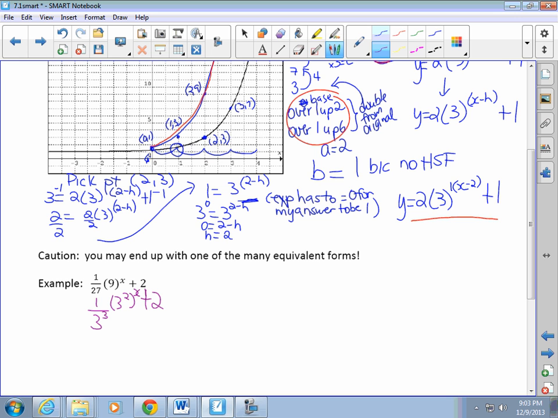So this and this are the same equation. They're just written with powers instead of writing them in fractions. Because this then can be written as 3 to the power of negative 3 times 3 squared to the x plus 2. It's the same equation.